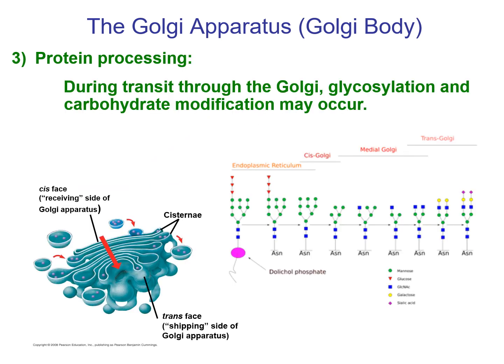Here's an example of the sort of modification that might occur within the ER and Golgi. What you're seeing here is a carbohydrate. You can see it's made of different parts. So in the legend, you can see that the triangles are glucose, the green is mannose, etc. And what's happening here is this carbohydrate is going to be attached to asparagine, which is one of the 20 amino acids.